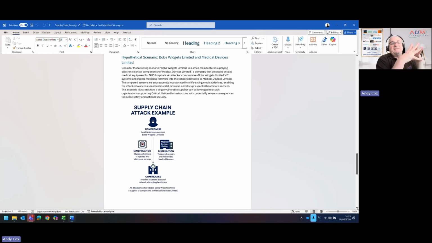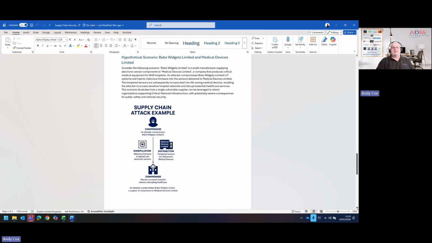And they find that the source code for the electronic sensors is just sitting, worst case scenario, in a SharePoint document library on 365 that has unrestricted external sharing allowed to it.